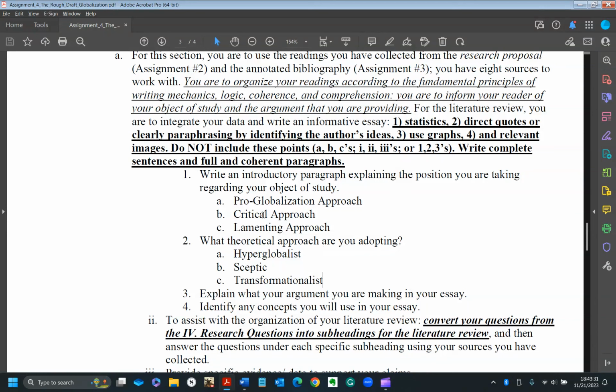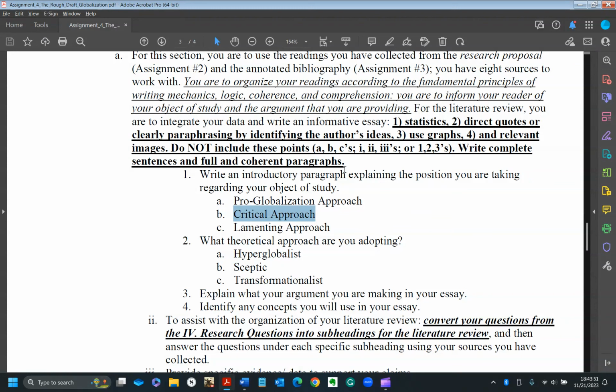Now, critical of globalization would be adopting a position saying that despite the promises that globalization made initially, globalization up to this point has failed to actually fulfill that promise.